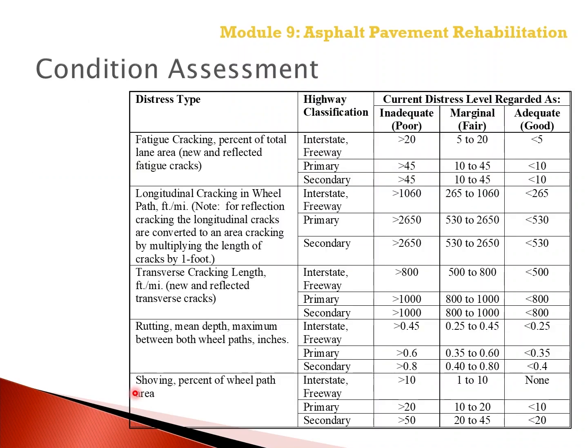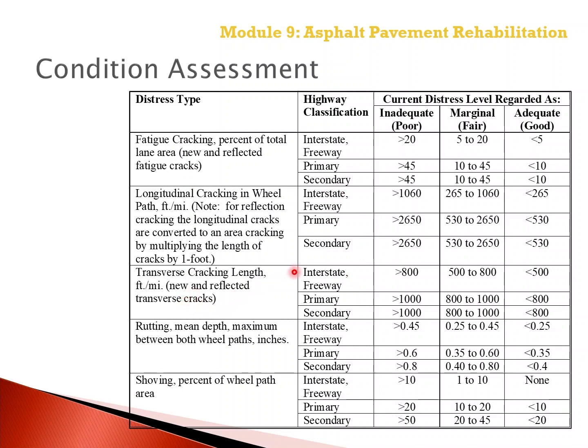This is Table 9-9 in Chapter 9 of the MEPDG manual. There's a similar table that we discussed in Module 8 for rigid pavements. This table, Table 9-9, is for flexible pavement. It provides an overview and suggestions for classifying the condition of the flexible pavements in terms of functional classification for different distresses.